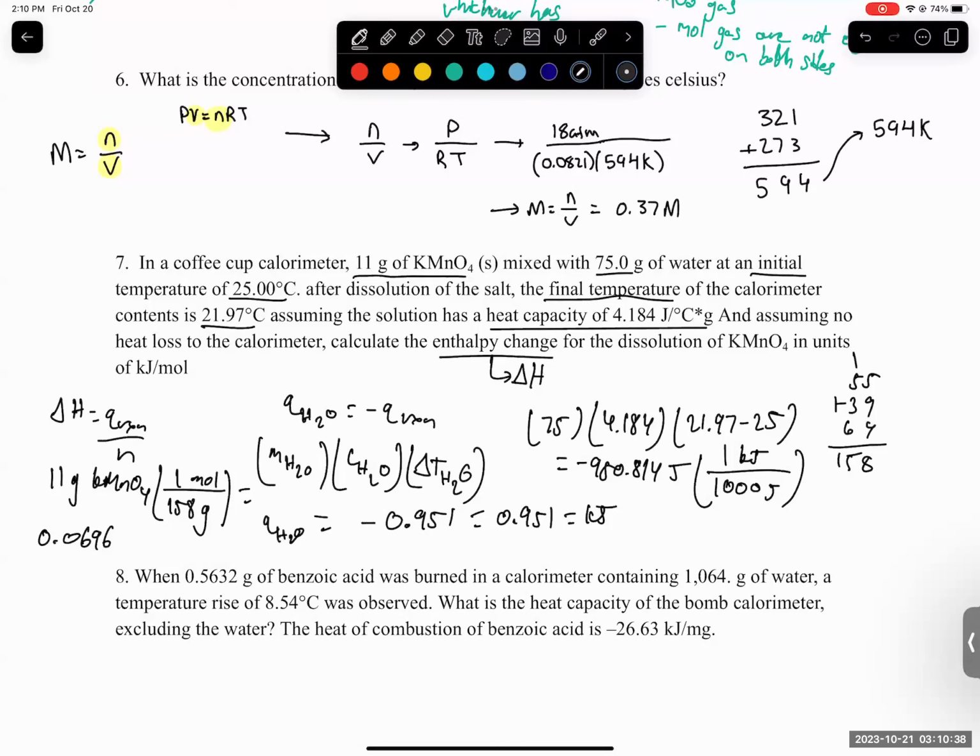So we have our kilojoules, we have our moles, and all that's left is to divide them. So 0.951 over 0.0696 gives us a delta H of 13.66 kilojoules.